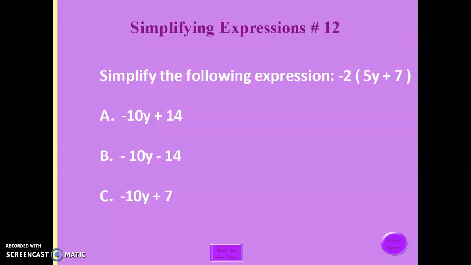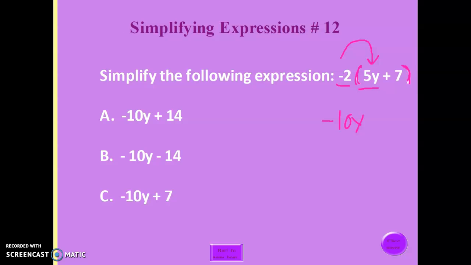Okay, we can also, again, simplify expressions that have multiplication, and we can use the distributive property if you have terms that are grouped with that multiplication. So we've got a single term out front of a grouping. That's the key characteristic when we use distributive properties. So we take our negative 2 and we multiply it by the first term. So negative 2 times 5y is going to give you negative 10y.